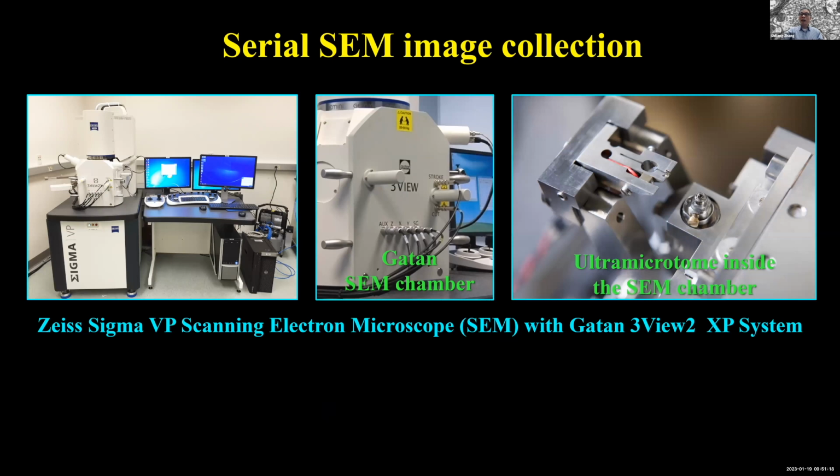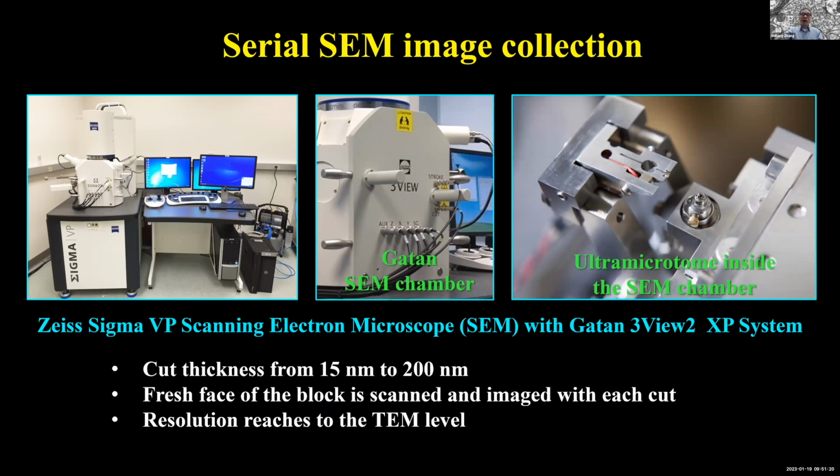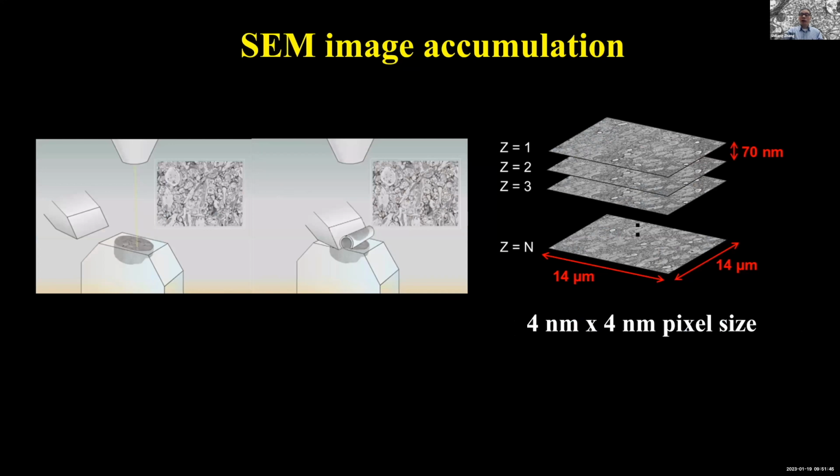Inside, there's a diamond knife that can automatically cut from 15 nanometer to 200 nanometer. Usually we cut 17, I think we tried 50, also 70 nanometer, and the fresh face of the block is scanned and imaged with each cut. So the resolution is pretty good.